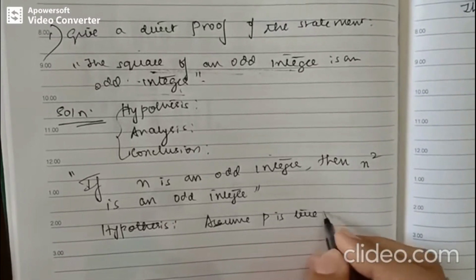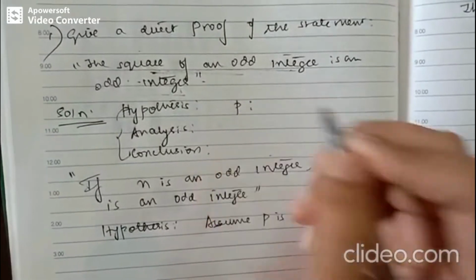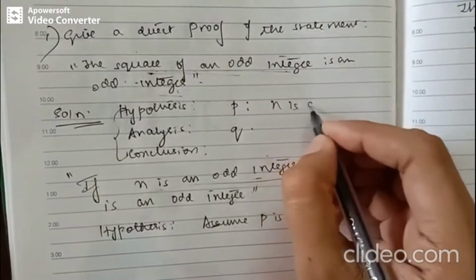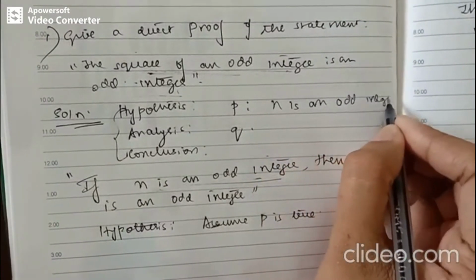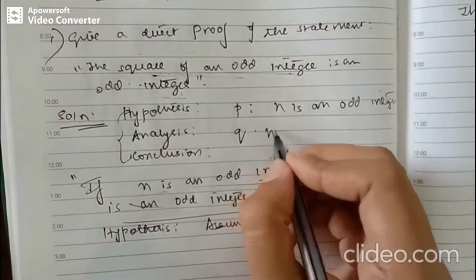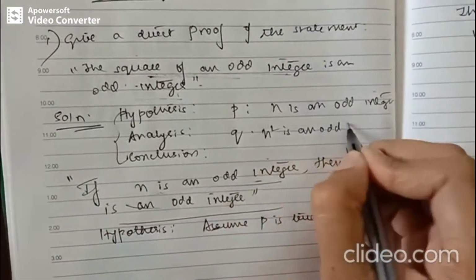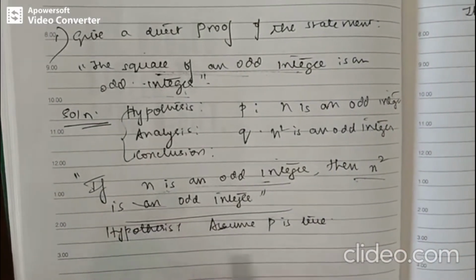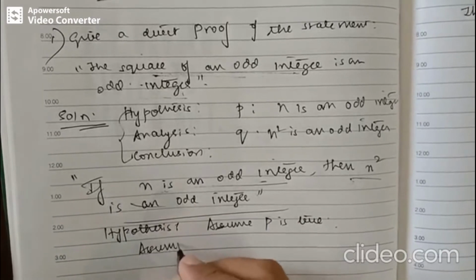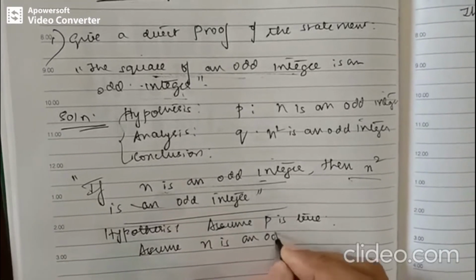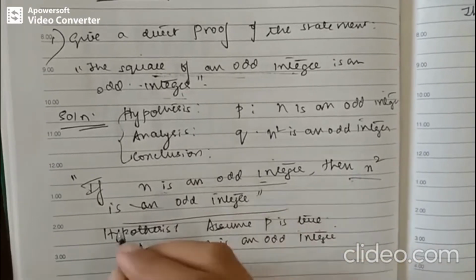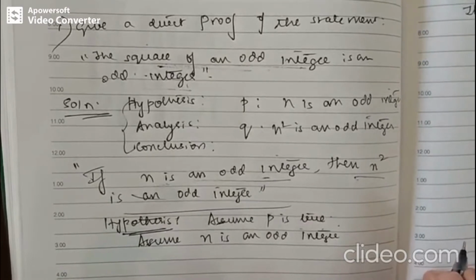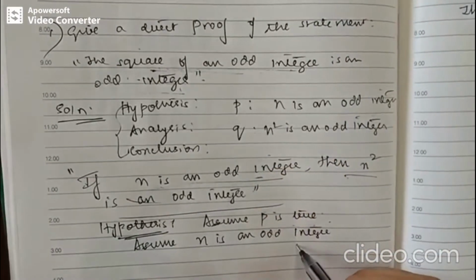Let us denote what is P and what is Q. Let us say P is 'n is an odd integer' and Q is 'n squared is an odd integer'. As per our hypothesis, we are going to assume n is an odd integer. That is, P is true. We are taking it as it is.